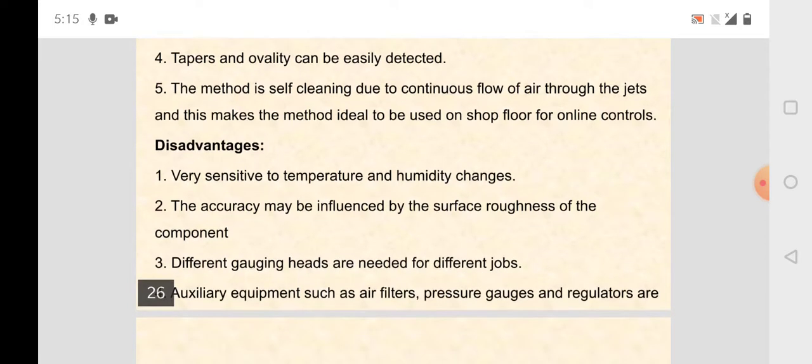The disadvantage is that it is very sensitive to temperature and humidity changes, because the filter through which the air is sucked in may not be able to remove all the humidity and impurities from the air, which may again disturb the working of the pneumatic comparator. The accuracy may be influenced by the surface roughness of the component. Different gauging heads are needed for different jobs.